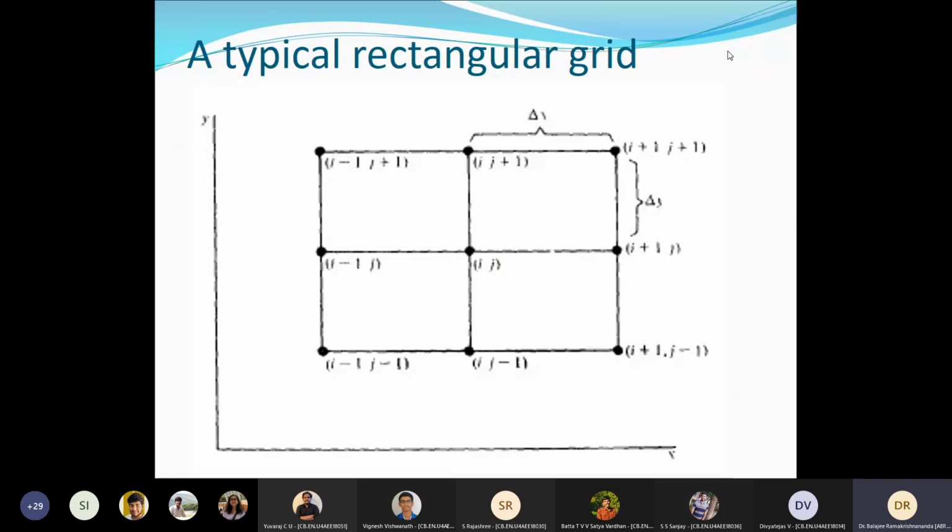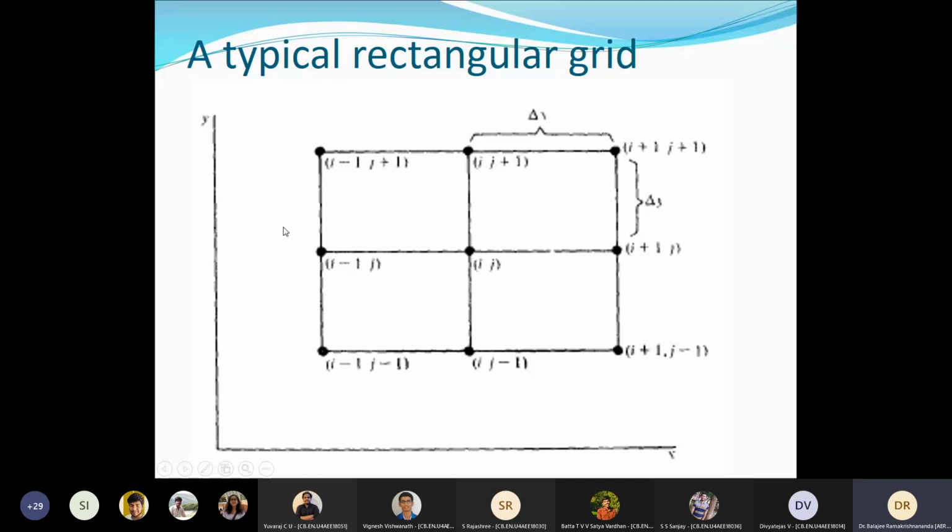Then a typical rectangular grid is shown here. It's very simple, you can see the X and Y axes. On the top right, it's not very obvious, but here you can see delta X is the distance between this point and this point. Delta Y is the distance between this point and this point.